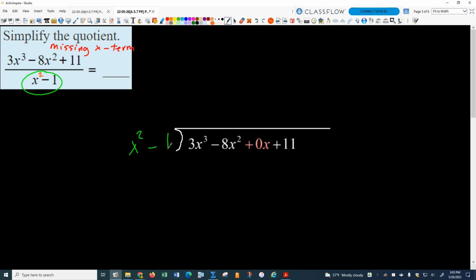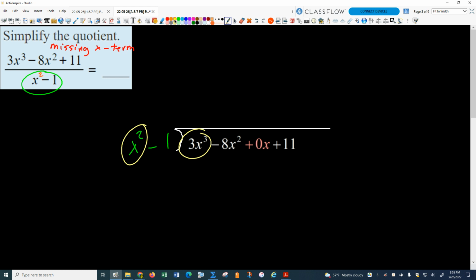Okay, and I'm going to do this the same way I did before. I'm just going to ask how many times does the outside stuff divide into the inside stuff. But the good news is we only have to focus on the leading terms. So how many times does x squared divide into 3x cubed? Well, here's how we can find out.